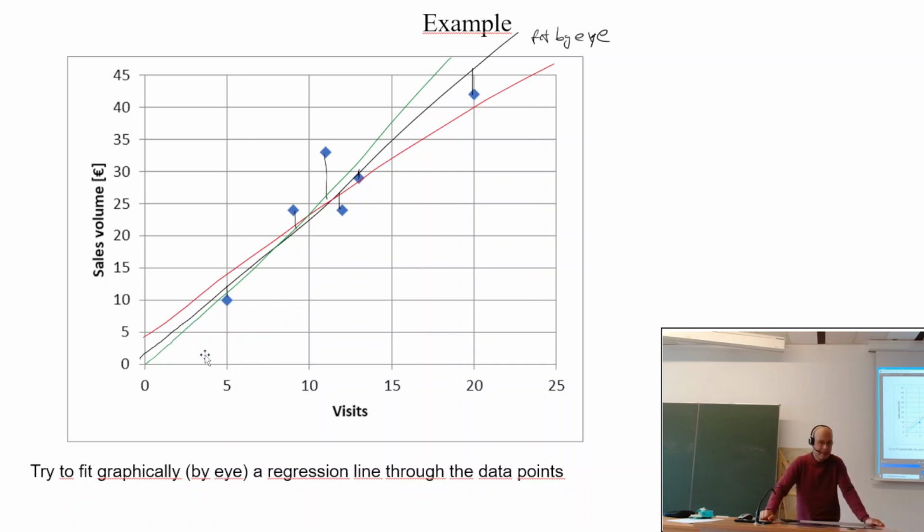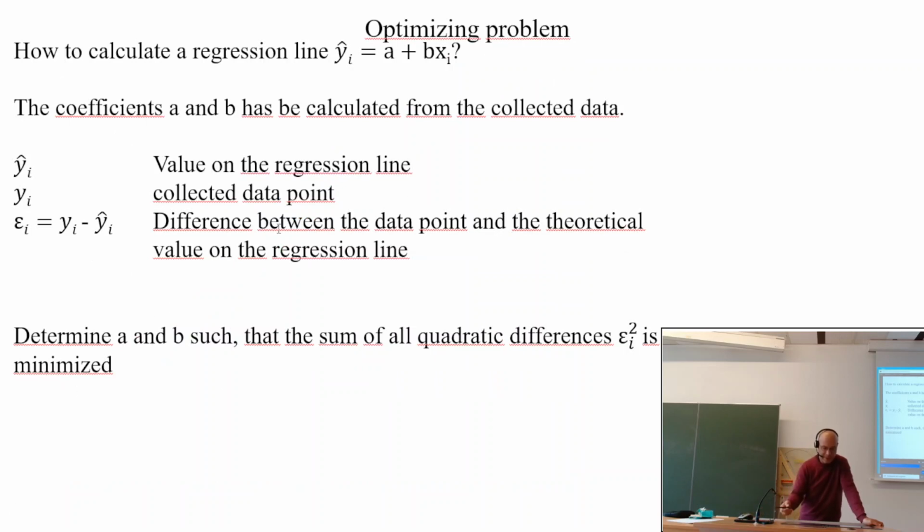But always it will be the case that we keep in mind the distances of this fitted line with respect to our data points. So, the question is, how should we calculate, black again, this regression line? What would be good choices for the two parameters, the cut of the vertical axis A and the slope B?